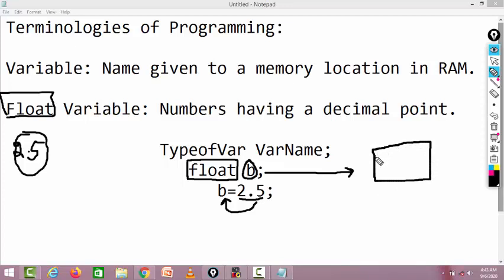It allocates 4 bytes of memory, and it also gives the variable a name, and the name is b. Now in the second line it assigns this 2.5. This 2.5 is stored at this location.